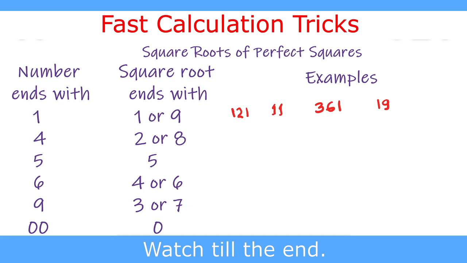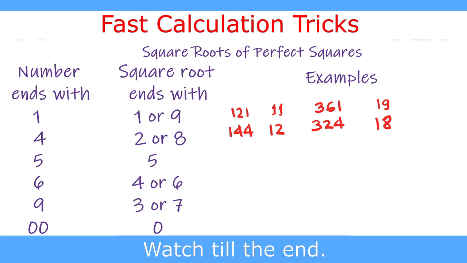Our next example is 144. 144 is a perfect square ending with 4, and the square root of 144 is 12, which ends with 2. And another number is 324, which is a perfect square. It ends with 4 and its square root is 18. So when a number is a perfect square and ends with 4, then its square root ends with either 2 or 8.